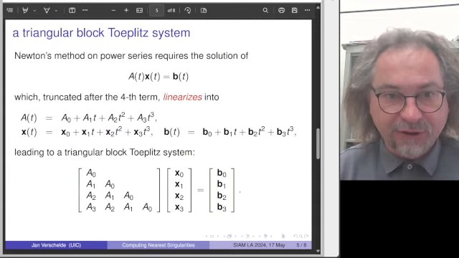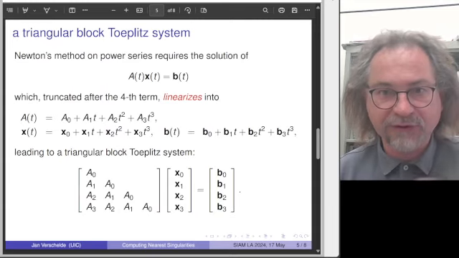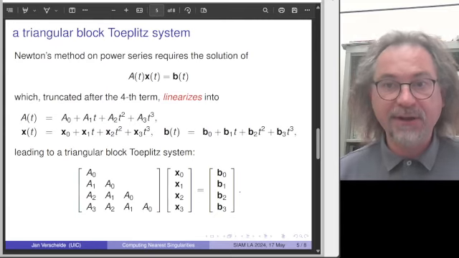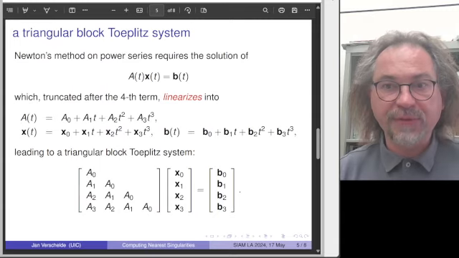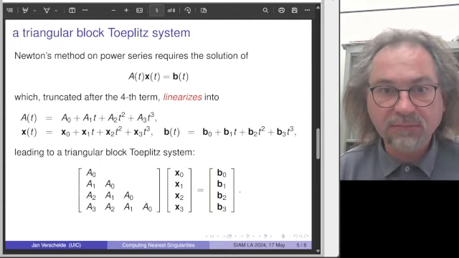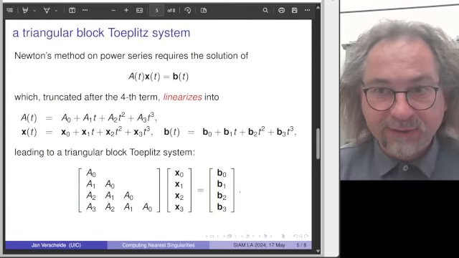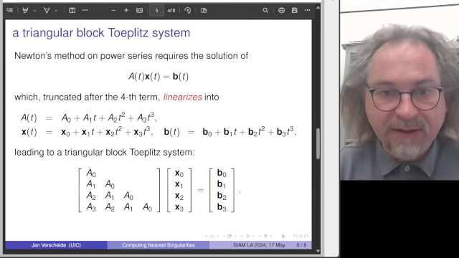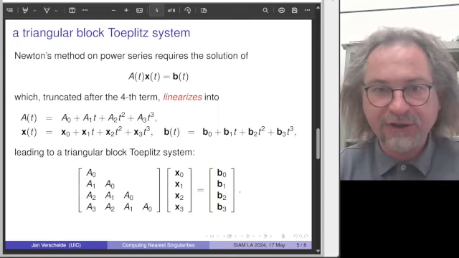You see the structure of this triangular block Toeplitz system. What is on the diagonal is the Jacobian matrix, just the classical Jacobian matrix if you would be running Newton's method on a nonlinear system. Another way to see why you might need multiple double precision or multi-precision in general: here we are solving a linear system in each step.